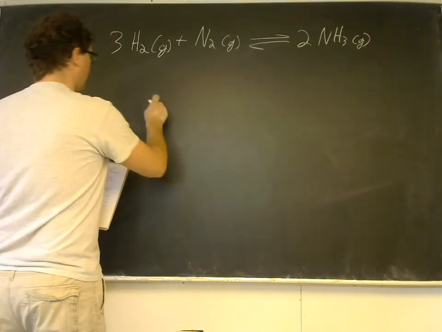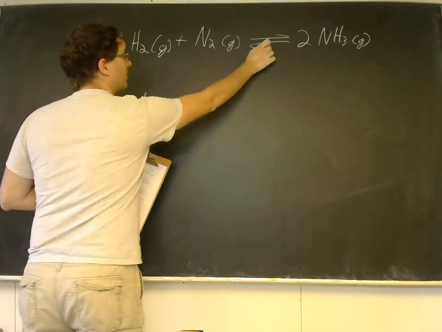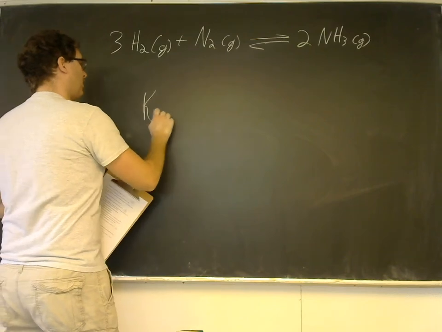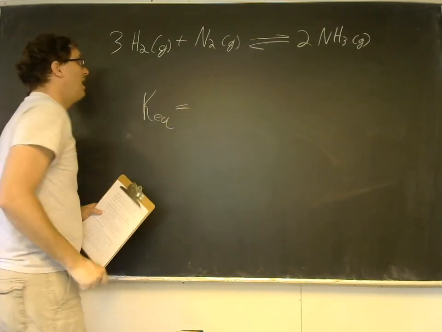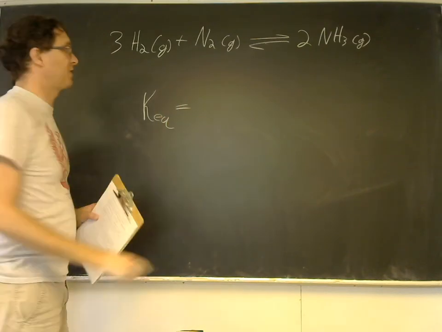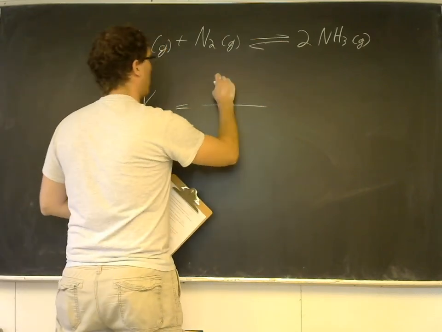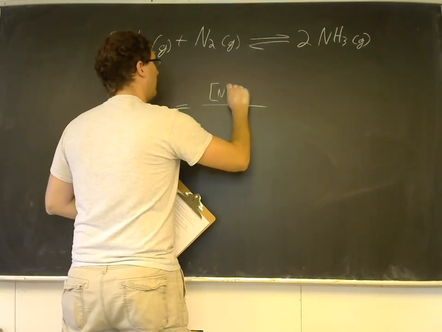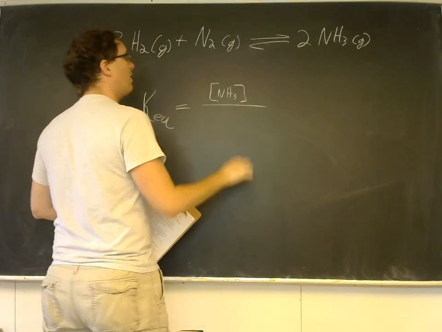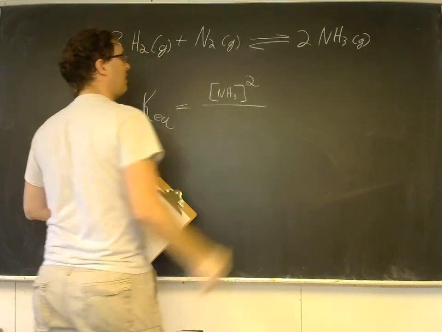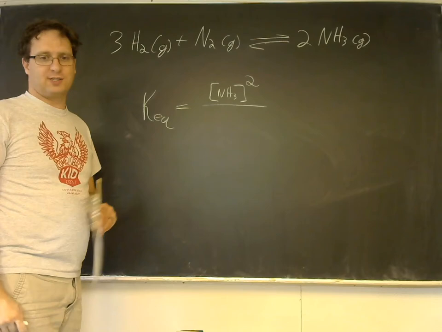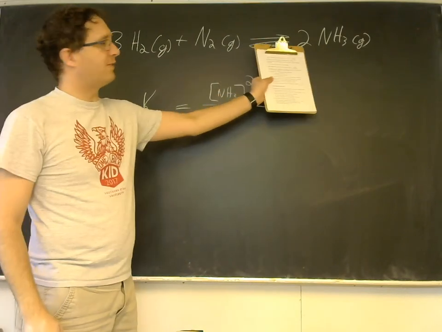It is an equilibrium reaction, so can we figure out the equilibrium expression for this reaction? Well, we'll take the concentration of the products, NH3, and we'll raise them to the power of their stoichiometric coefficients. It's squared because of the 2.